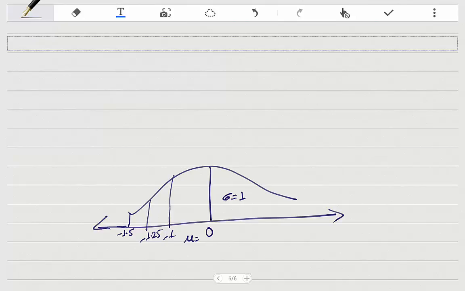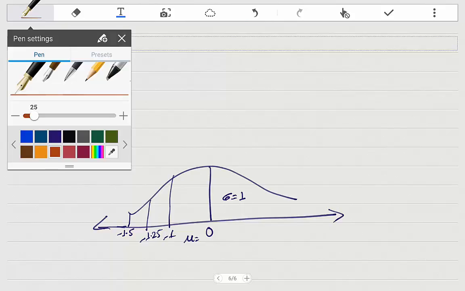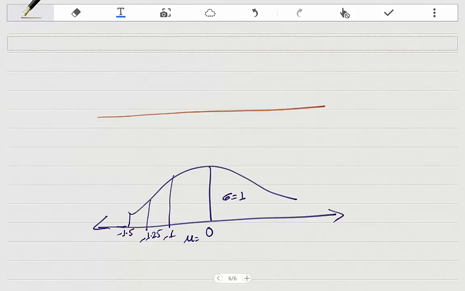Now you are interested in this other normal distribution. Suppose you are interested in a normal distribution that has a mean of, say, 10 and a standard deviation of 5. Again, this could have been any two numbers. One way is to make a table for this. But how many tables are you going to make?